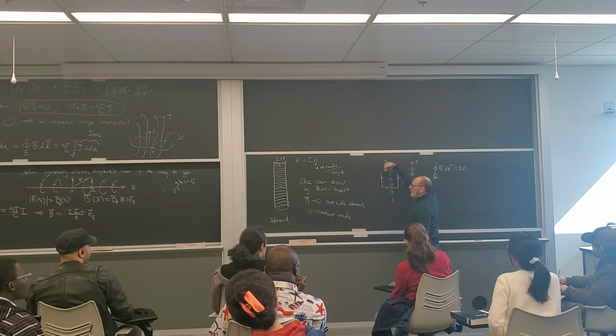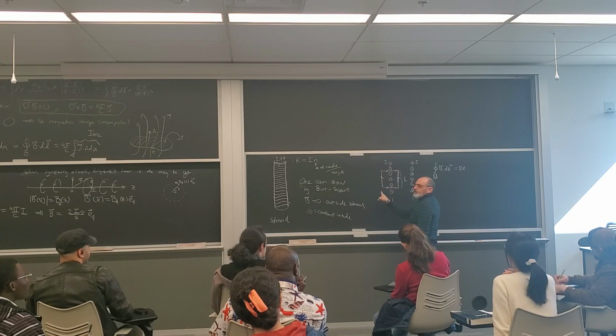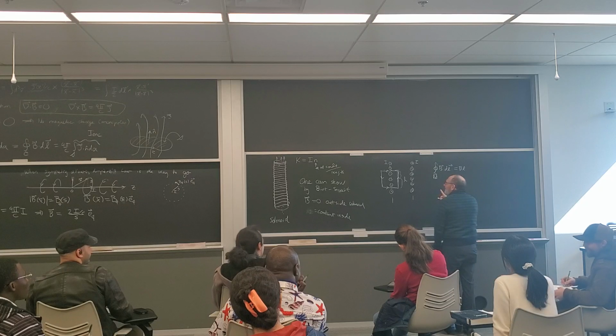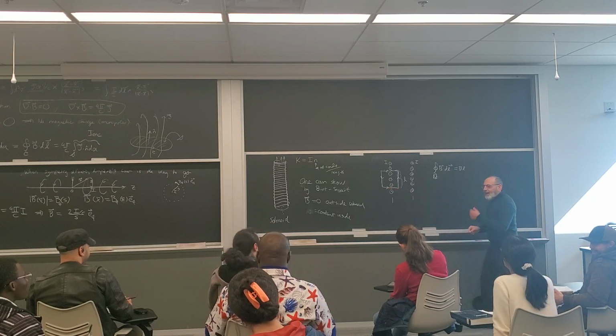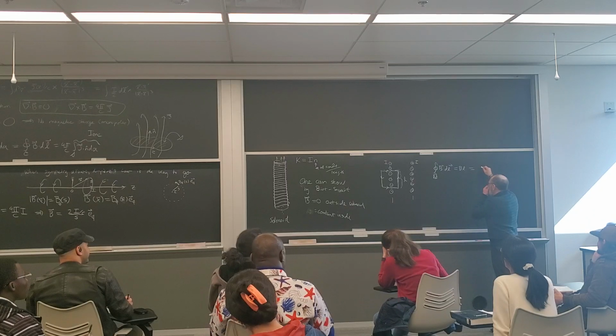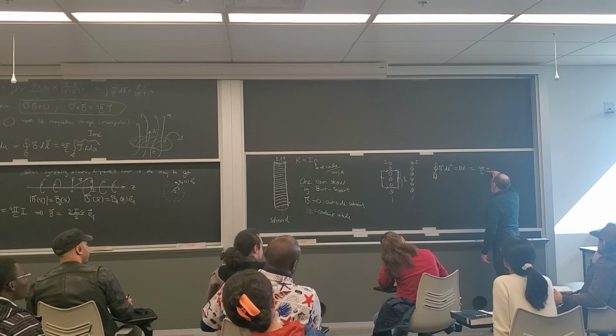And what's the contribution along this? 0, because there's no magnetic field. And what's the contribution along this? It's 0, right? And what thus is equal to 4 pi over c times the current enclosed.